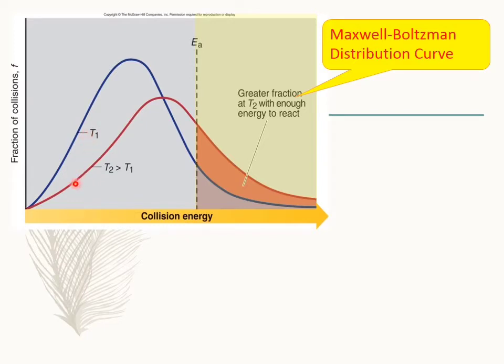So we have two curves here. The first curve, the blue curve, I label as T1, temperature yang pertama. The second curve, the red curve, is T2. So if you see here, the temperature of T2 is higher than T1.